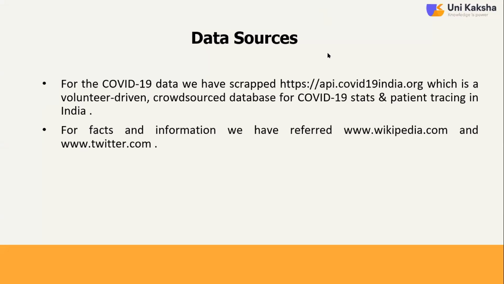The next thing is data sources. We have collected some data sources from different places like twitter.com, wikipedia.com, and api.covid19india.org. From Wikipedia, Twitter.com, and many other websites we have acquired the data sets for our analysis.